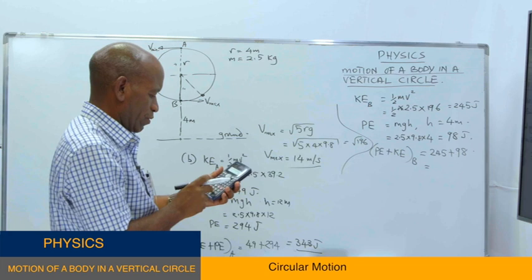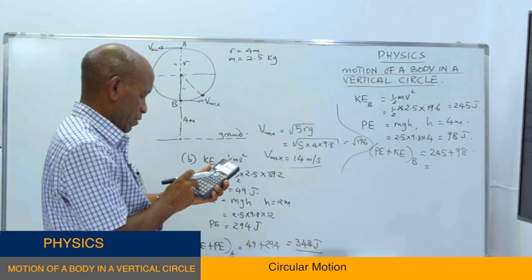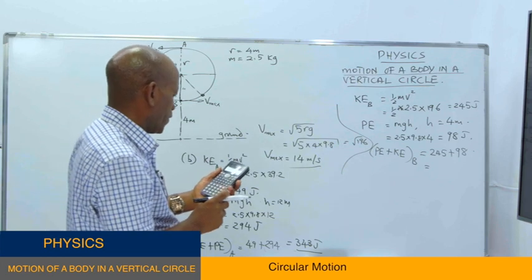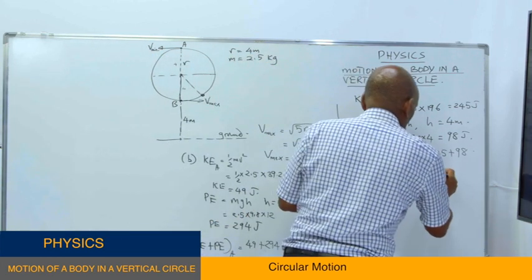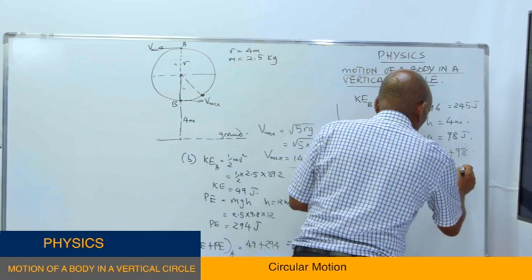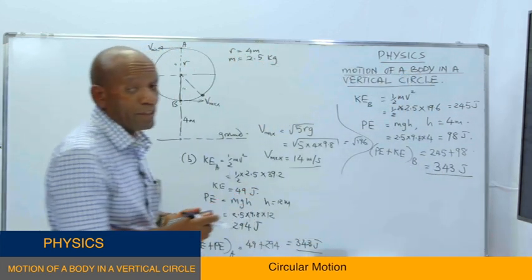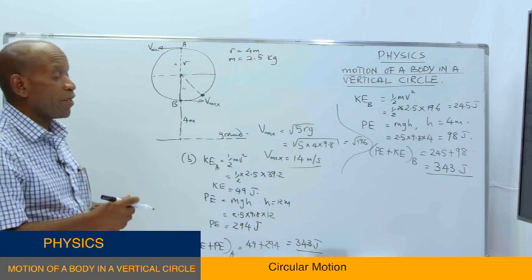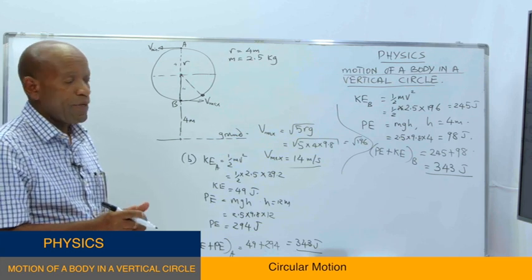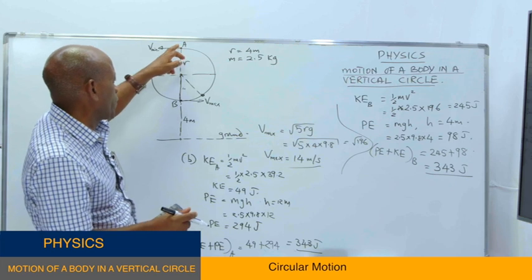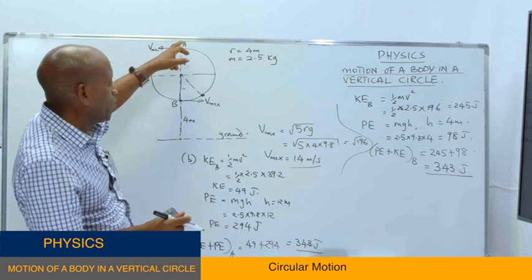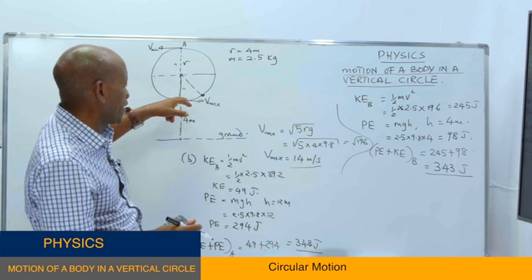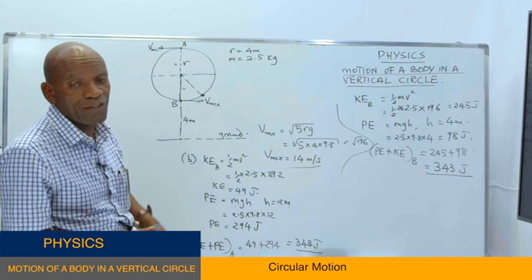We are going to get 343 joules. So you can find that actually there is a conservation of energy, because the total energy obtained at the top is equal to the sum total of the potential energy and the kinetic energy at the bottom. There is a conservation of energy.